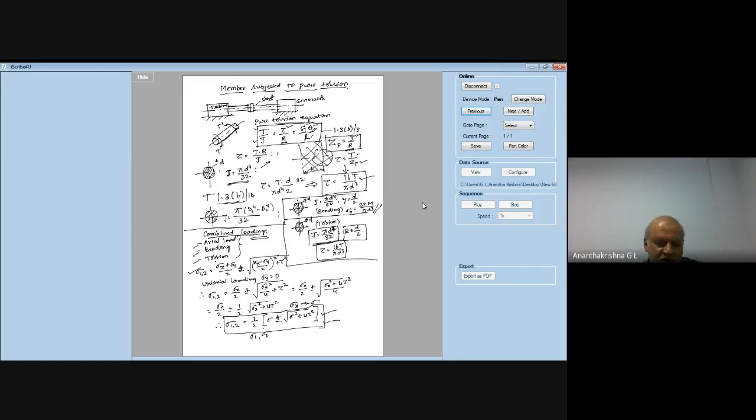Of course, this is not a derivation; it's not required to know the derivation at all. What you need to know is the final equation, half of sigma plus or minus root of sigma square plus 4 tau square. Please note down till the end.